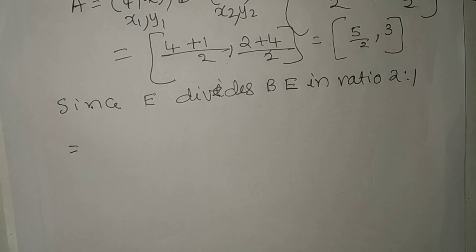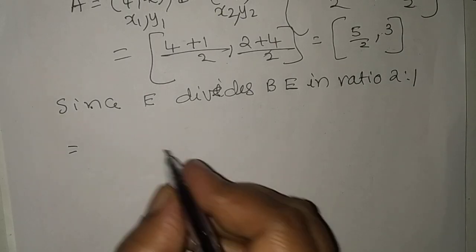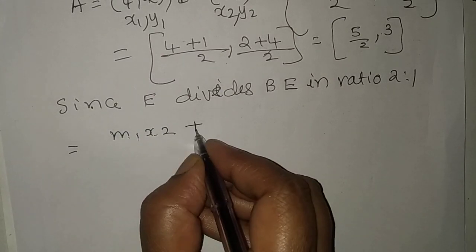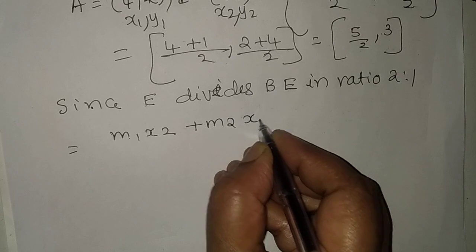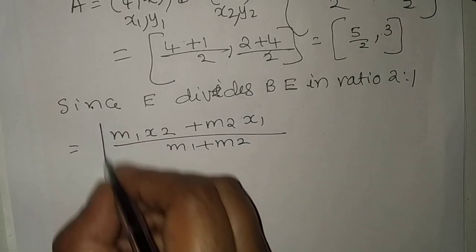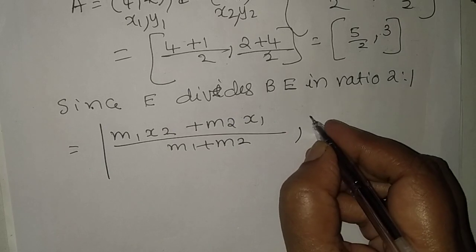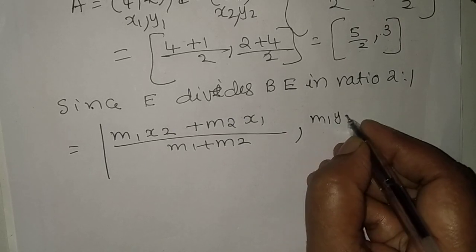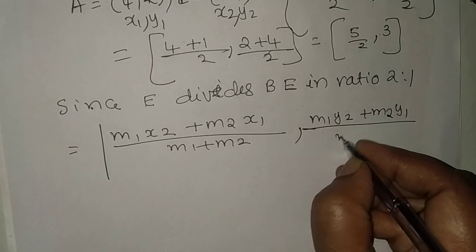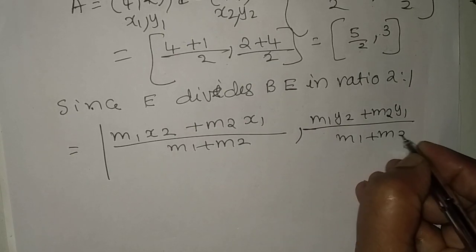So now we'll take the section formula: (M1 x2 plus M2 x1) by (M1 plus M2), then (M1 y2 plus M2 y1) by (M1 plus M2).